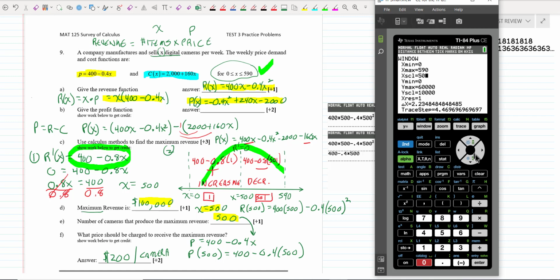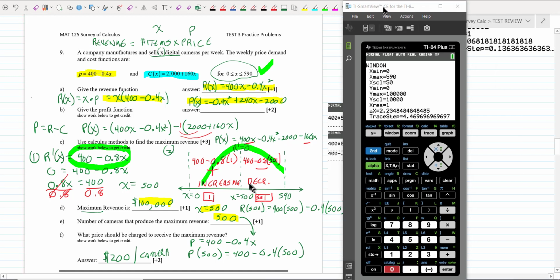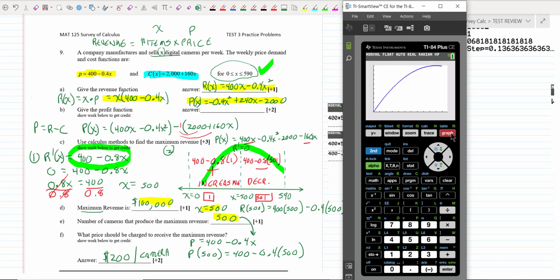Let's go 50. And the maximum revenue was 100,000, so it makes a lot of sense to at least use 100,000. So let's go ahead and do 100,000 and maybe scale that by 10,000. With that viewing window, there's a good viewing window. If I graph this on the calculator, yeah, this is where your max is.